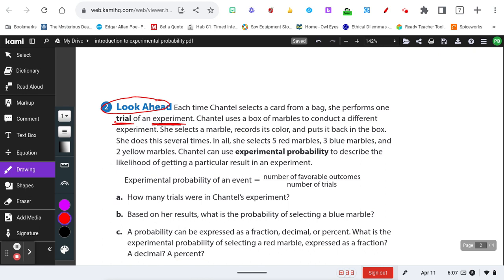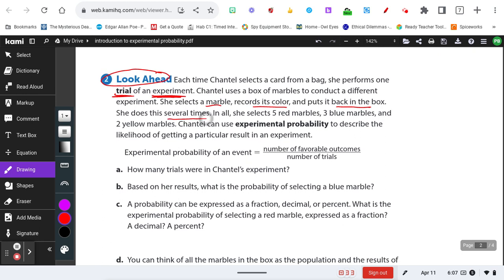Chantel uses a box of marbles to conduct a different experiment this time. She selects a marble, records its color, and then puts it back in the box. She does this several times. In all, this is what happened. She ended up with 5 red marbles, 3 blue marbles, and 2 yellow marbles.